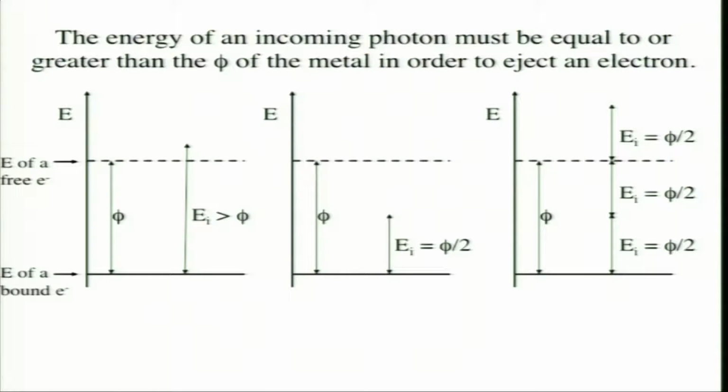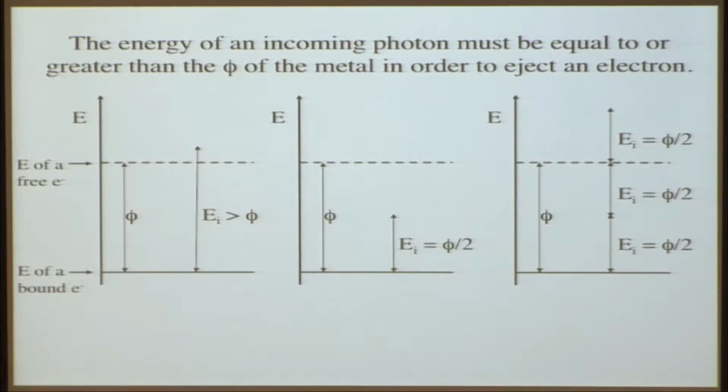All right, so let's continue with the photoelectric effect and get good at doing these kinds of problems. So let's look at these particular examples. We have 3 different examples here. We have the energy of an incoming photon must be equal or greater to that threshold energy, or that work function, in order for an electron to be ejected. So in this case, the energy is greater than the work function.